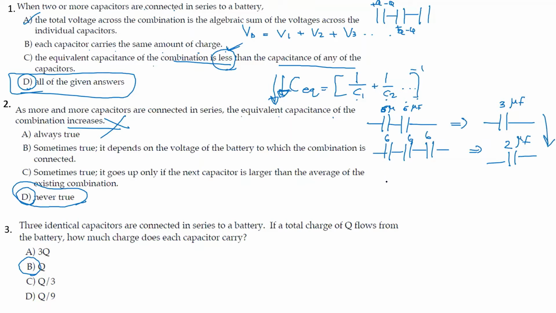If you have 6 capacitors of 6 microfarads, 1, 2, 3, 4, 5, 6, then you will get 1 microfarad. So the more capacitors you have, the equivalent capacitance drops.